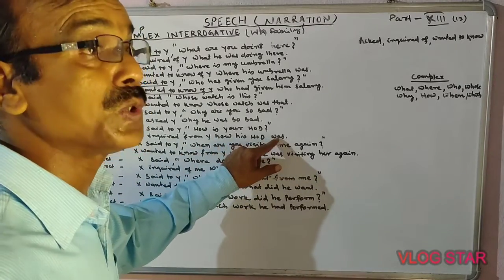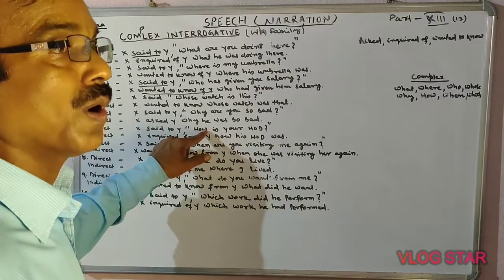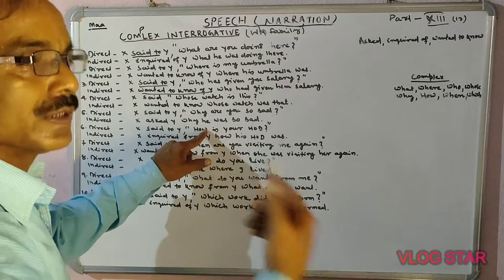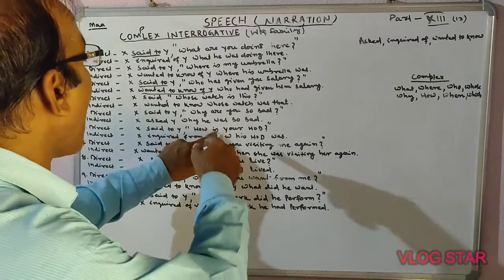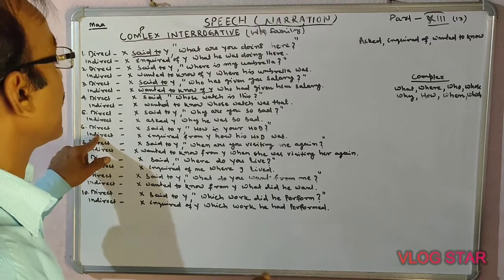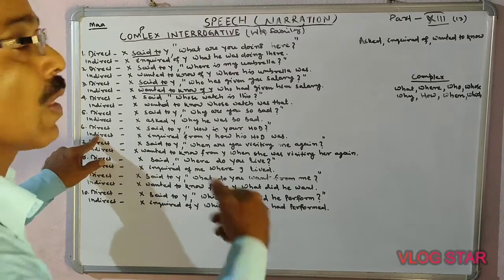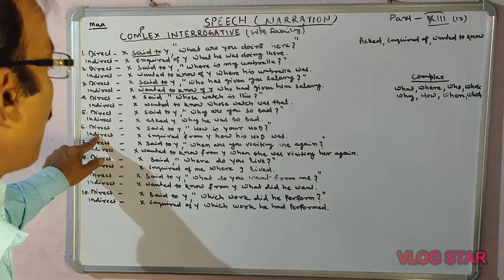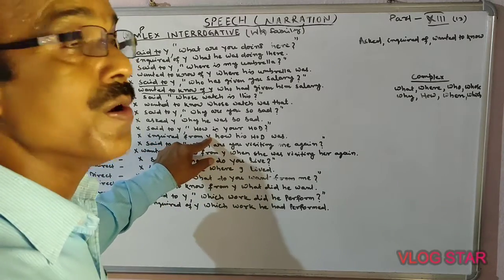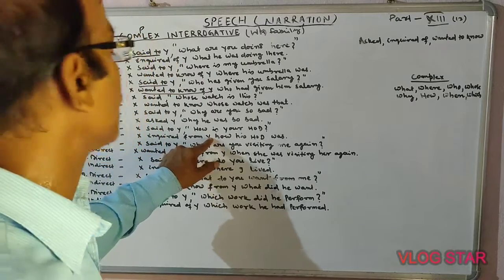In this one, in direct speech, the reported speech was "how he is" in present, but in indirect speech that will be changed into past imperfect. That's why X inquired from Y how his HOD was.